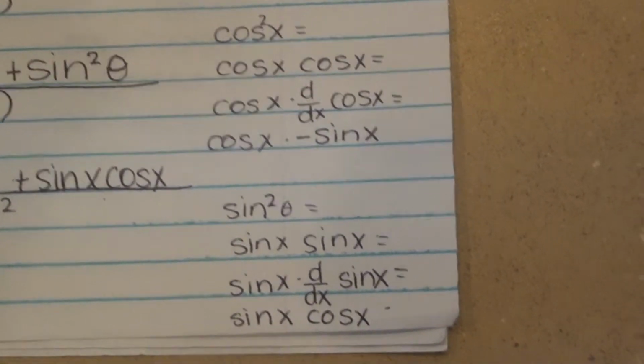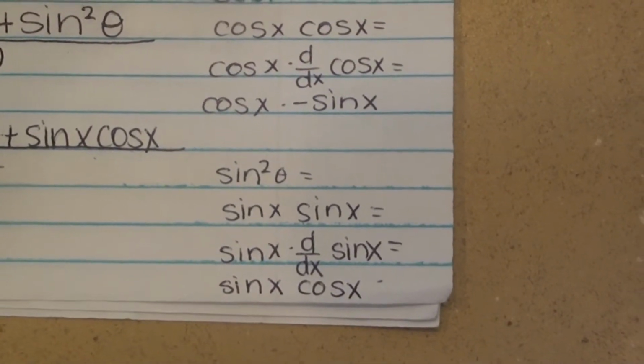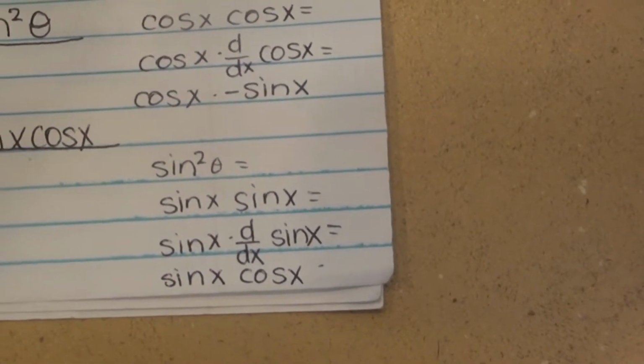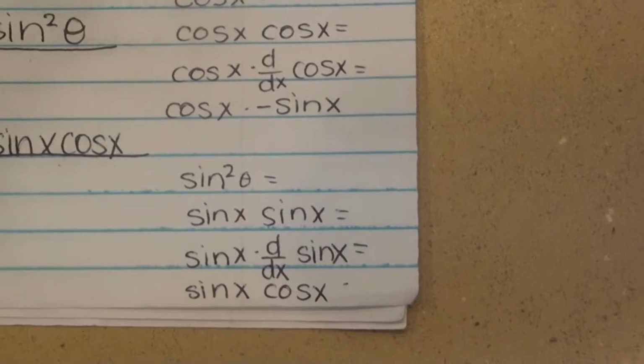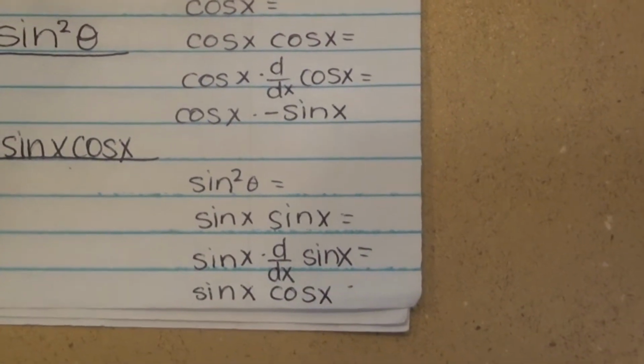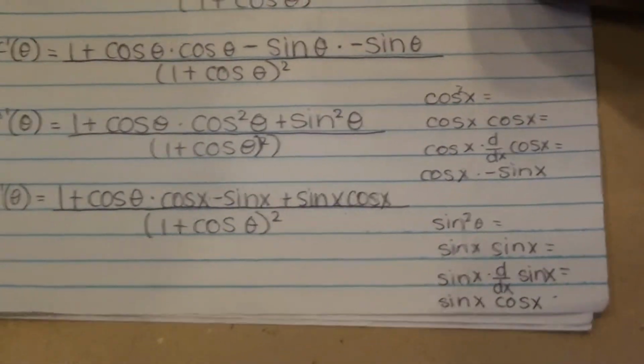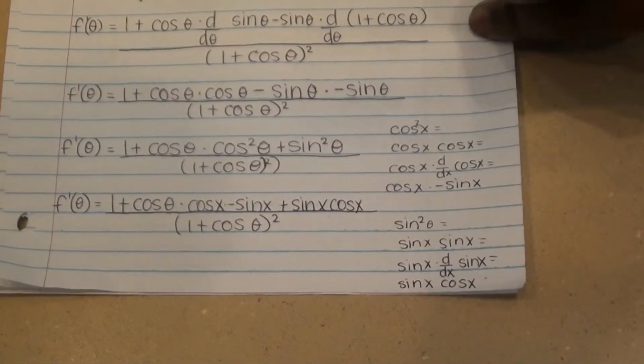And I did sine right here too. Sine squared theta equals sine x times sine x, and it now becomes sine times the derivative of sine, and the answer is sine x times cosine x, all over 1 plus cosine theta squared.